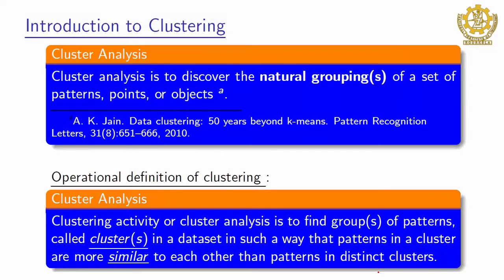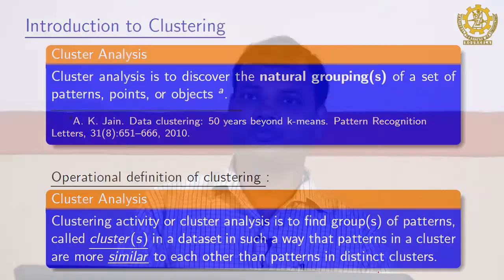Now, we will go back to definition number 2: clustering activity or cluster analysis is to find groups of patterns called clusters. You make a group of patterns and each group is called a cluster. What is the characteristic of this cluster? If you take any two objects within a group, they will be much more similar than if you take two objects from two different groups.